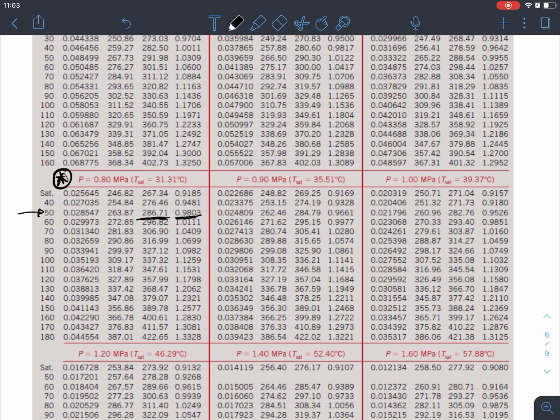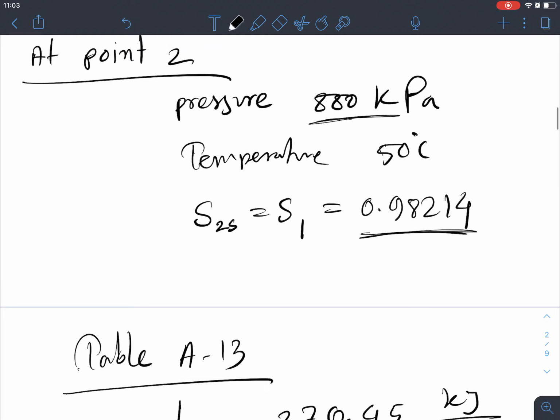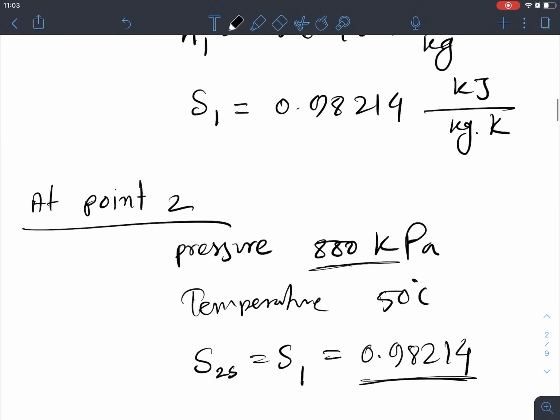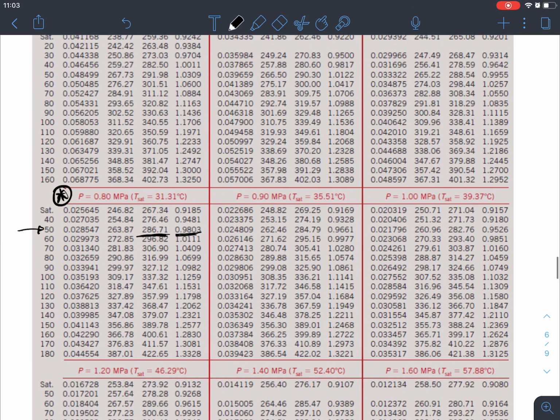However, the isentropic enthalpy H2s will depend on that entropy. So we have the entropy 0.98214 and 0.10, and between these two entropies we have to do the interpolation, then we'll get another enthalpy.